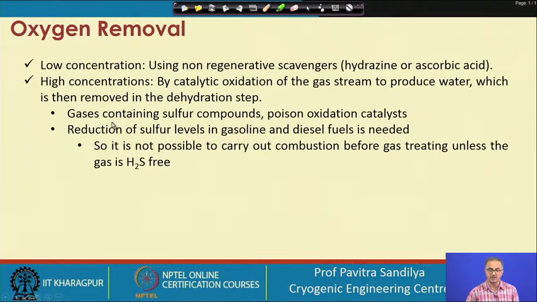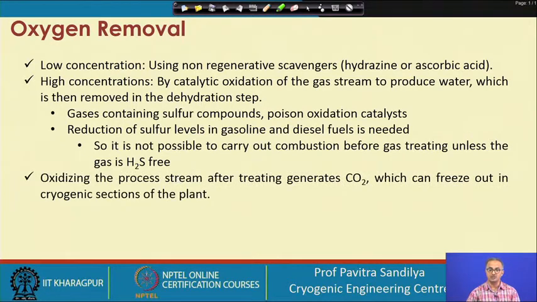We know that gases containing sulfur compounds may poison the oxidation catalysts, and reduction of the sulfur levels in gasoline and diesel fuels is needed. So it is not possible to carry out combustion before gas treating unless the gas is H2S free. Otherwise, H2O will be absorbed more on the adsorbents.